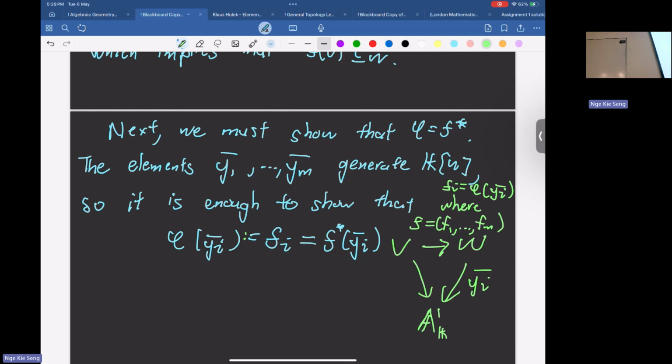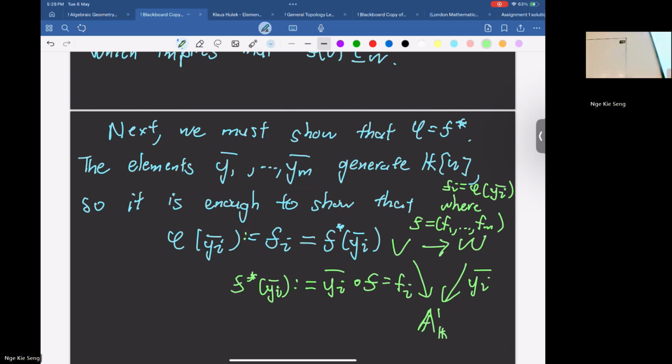You just read out the fi. So if you do f and then you do yi bar, what do you get? You actually get fi. And what is this? This is by definition f star on yi bar.